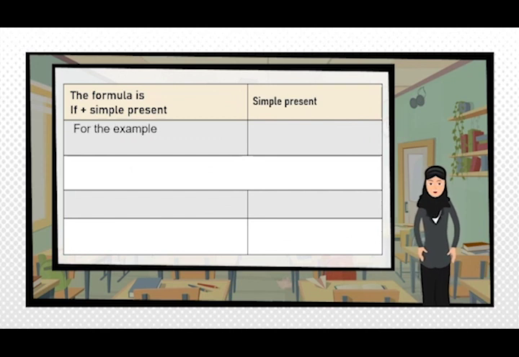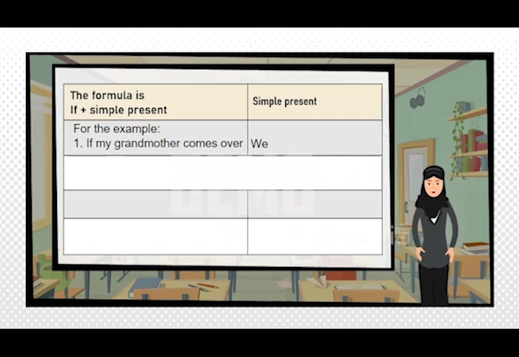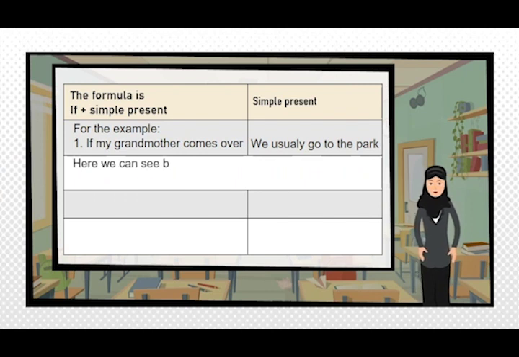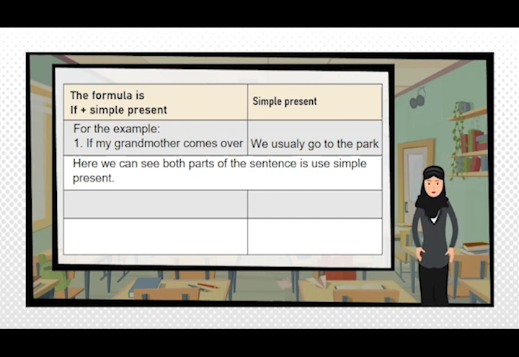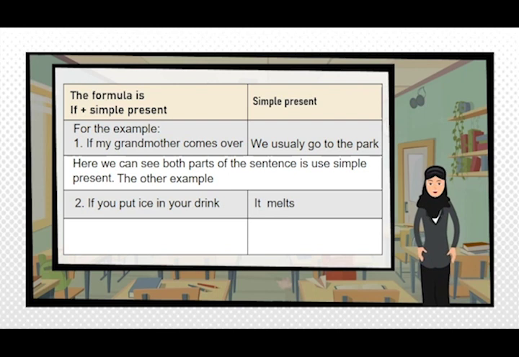For example, if my grandmother comes over, we usually go to the park. Here, we can see both parts of the sentence use the simple present. The other examples: if you put ice in your drink, it melts. If you don't water flowers, they die.